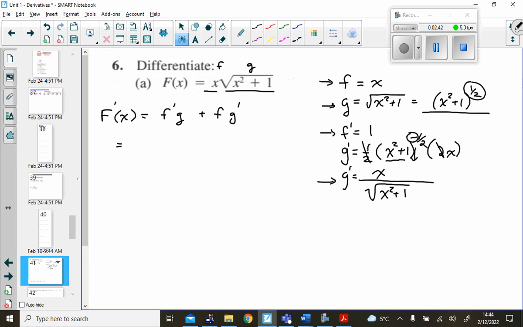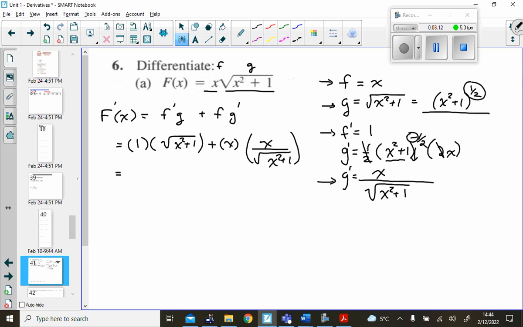So, inputting the numbers, f prime was 1. g is square root of x squared plus 1. f is x, and g prime is x over square root x squared plus 1.